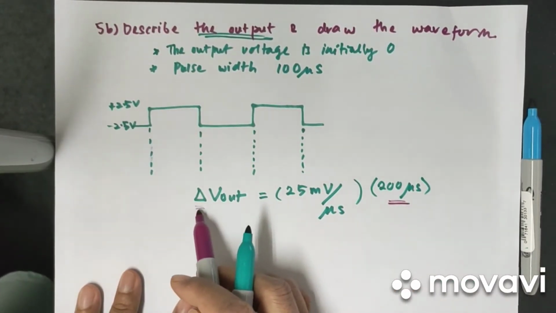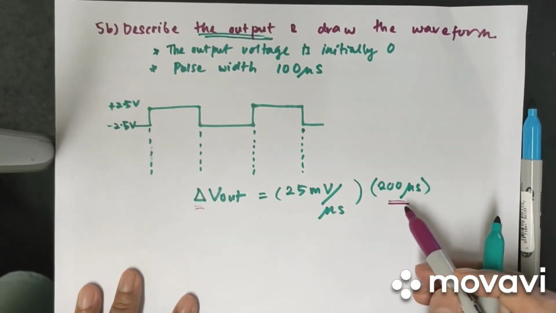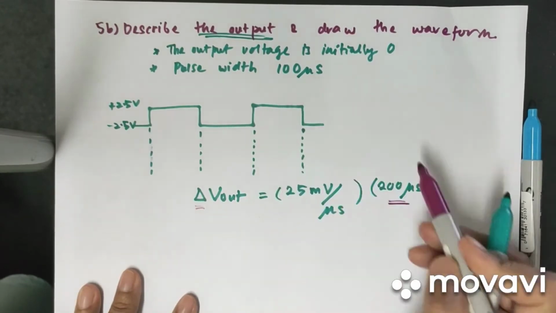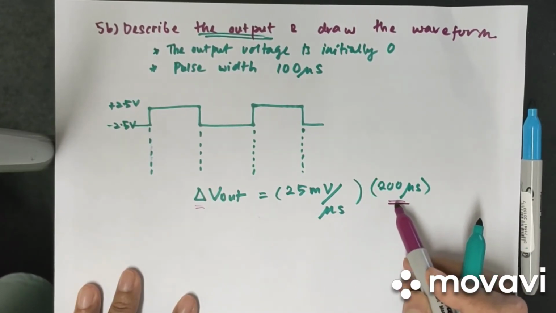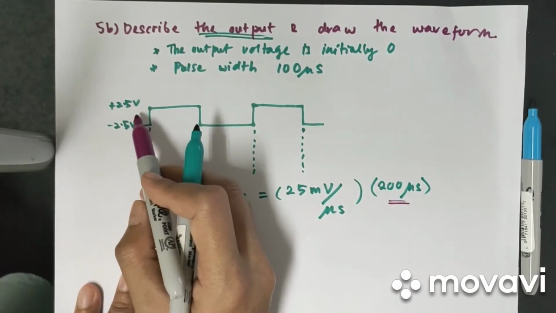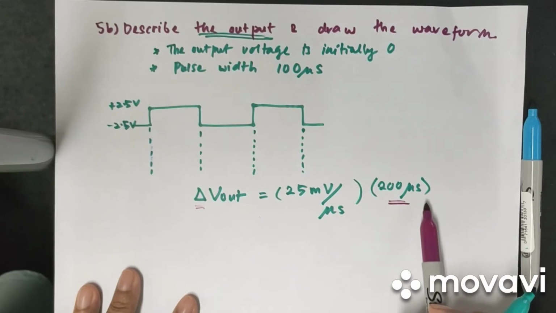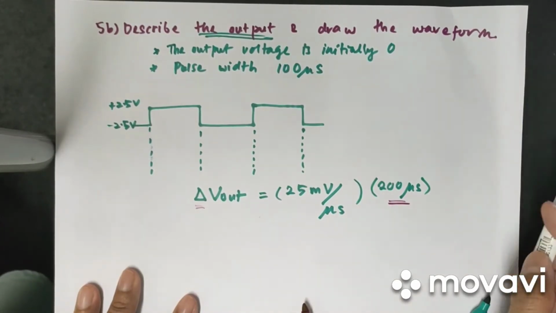Because here, as you can see, it's a delta V out, which means a range from here to somewhere. So the pulse required for the transition of negative 2.5 volt to positive 2.5 volt means the total pulse width is 200 microsecond.